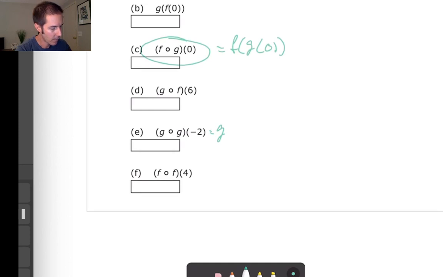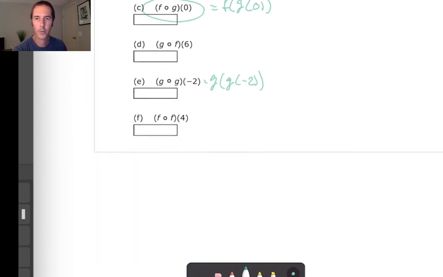This can still be written as g of g of negative 2, and you can use the same thought process that I talked through in part A in order to answer part E. Just because it's the same function being written twice, don't let that throw you. Keep applying the same method to get your solution.